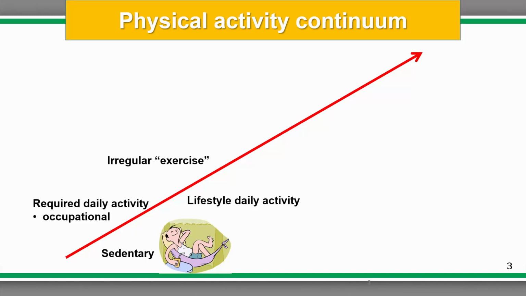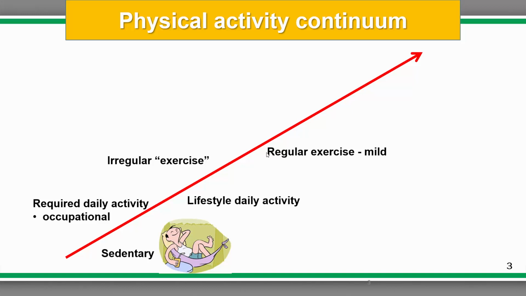So individuals that may not be engaged in, quote unquote, exercise tasks in a regular manner, but will engage in various sports-related tasks with friends in a discontinuous or inconsistent manner.